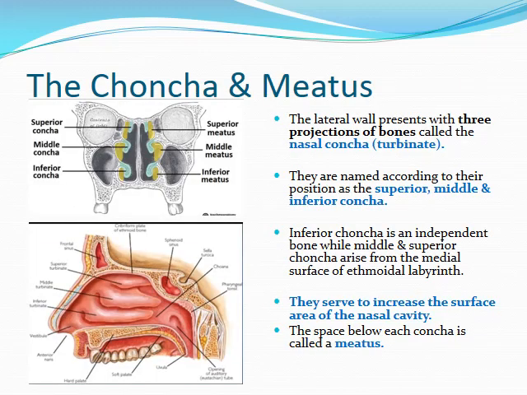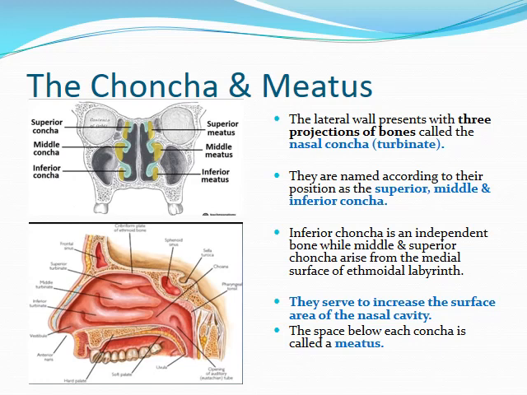The lateral wall, I said, presents with some elevations and depressions. These elevations or projections found on the lateral wall are called the nasal concha or turbinate. So on the lateral walls on the right side as well as on the left side, we have three projections of bones, which are called the nasal concha or turbinate.